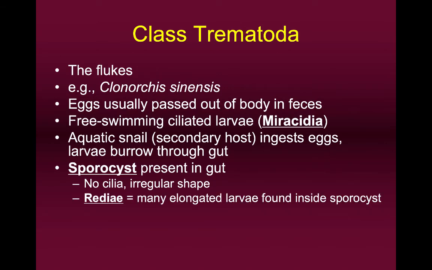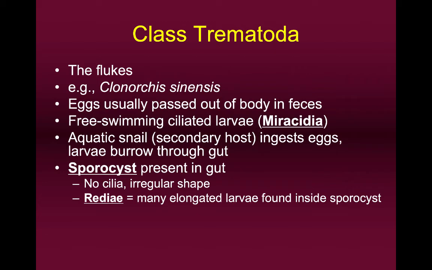In this case, redia is singular, and rediae, with the e at the end of it, is plural. So one miracidium forms one sporocyst, which then transitions into about 30 or so rediae, which are now the next stage. All right, so we've gone from egg to miracidium to sporocyst to redia. Like I said, this is easy to medium for a parasite, so this isn't even a really complex one.